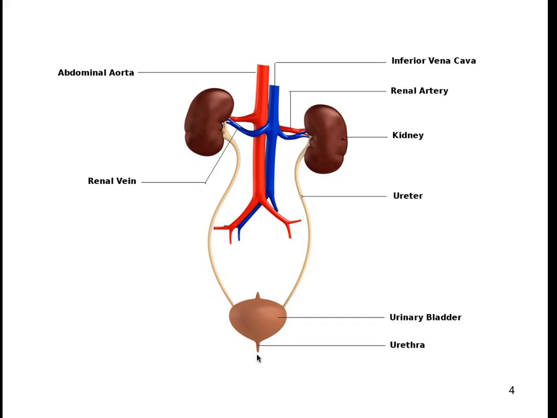Another term is micturate. All of these are fancy terms for urinating. And so that's it. So it should be kidney, urine goes down the ureter to the bladder, the holding tank, and then when that contracts and the urethral sphincters relax, you void the bladder, and away we go.